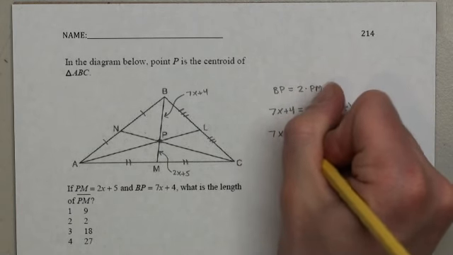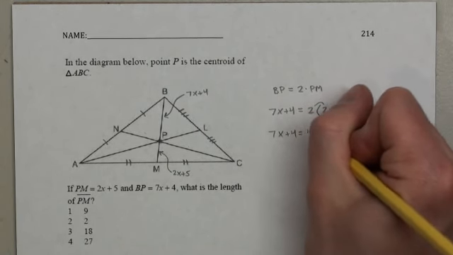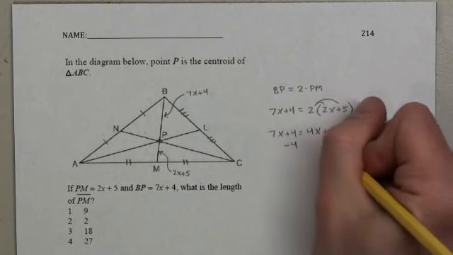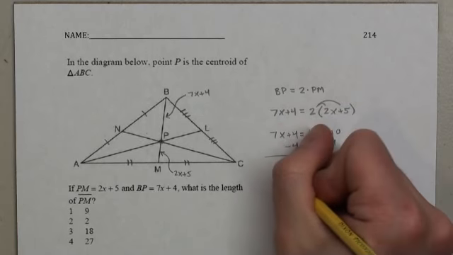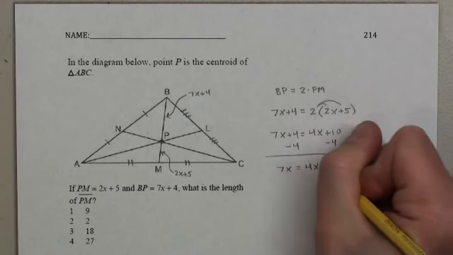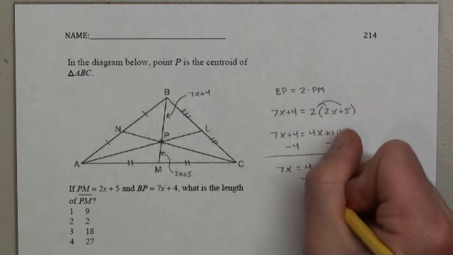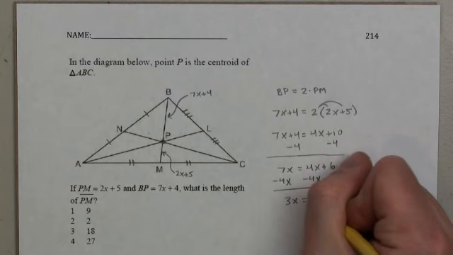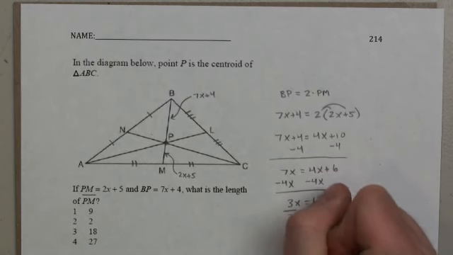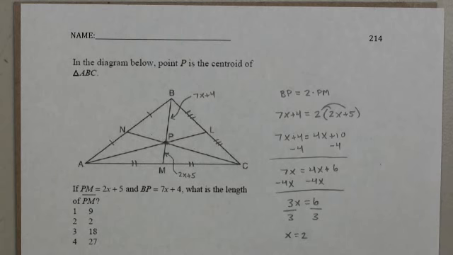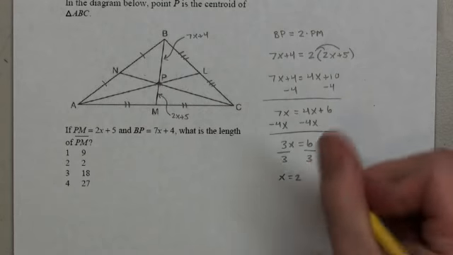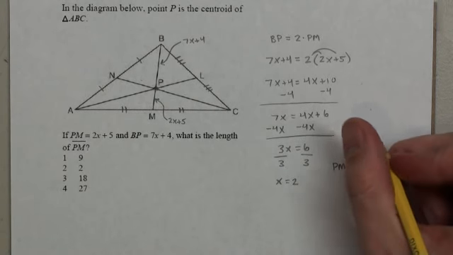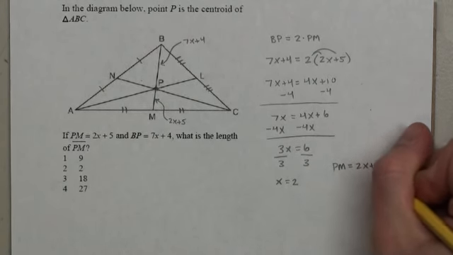So 7x plus 4 equals, distribute, that's 4x. Distribute, that's plus 10. Subtract 4 from both sides. I get 7x equals 4x plus 6. Subtract 4x. I get 3x equals 6. Divide by 3. I get x equals 2. It says, what is the length of PM? Well, PM equals 2x plus 5.